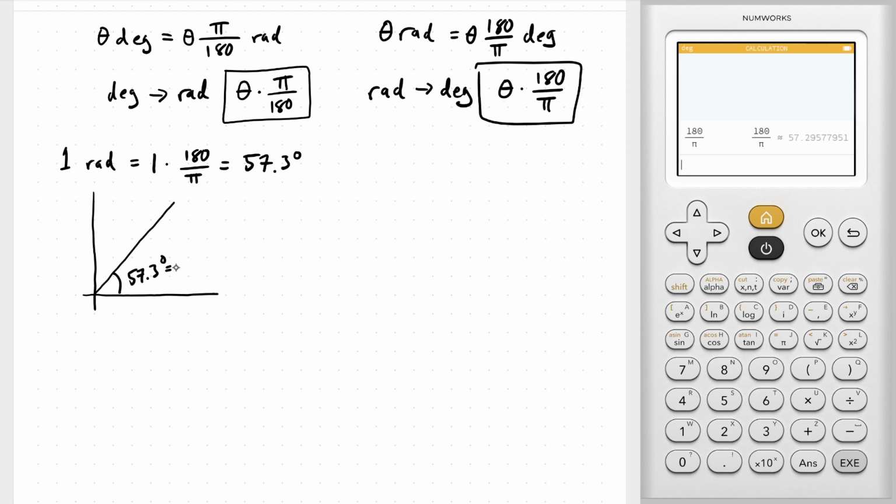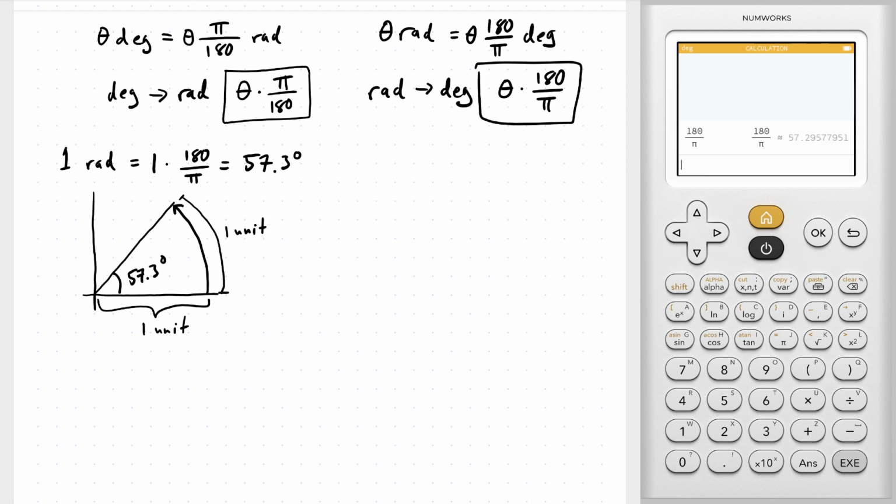And I don't really have space, so I'm just going to erase that. But you can see right up here, 1 radian is equal to 57.3 degrees. Okay, so what that means is that if I take my angle, and I say this length right here is 1 unit, then this length right here, this arc length, is also 1 unit.